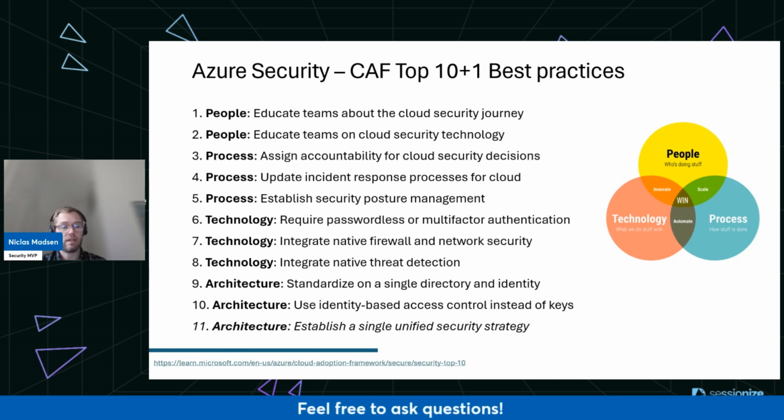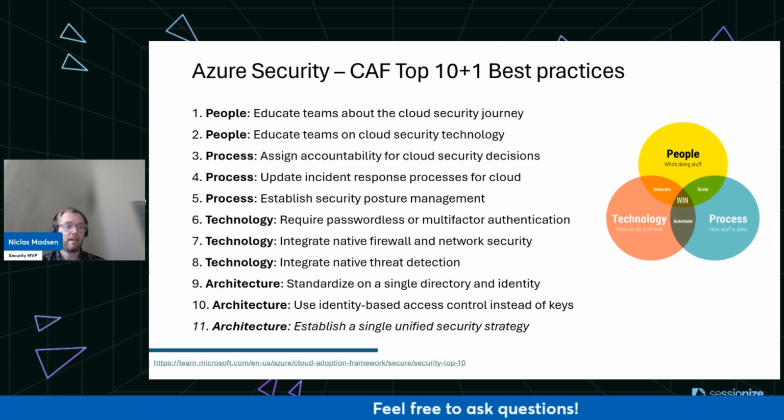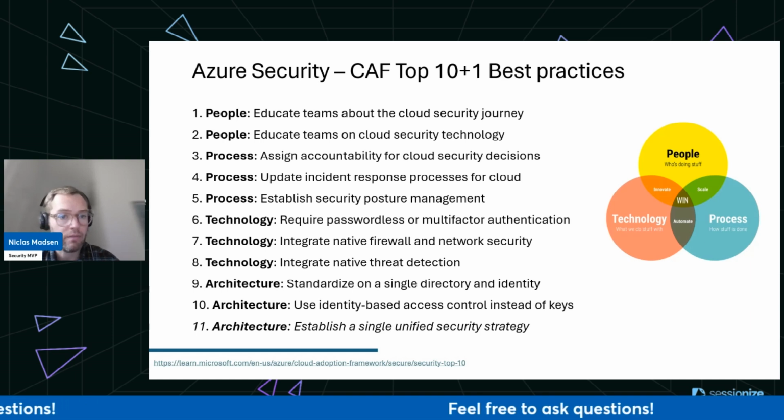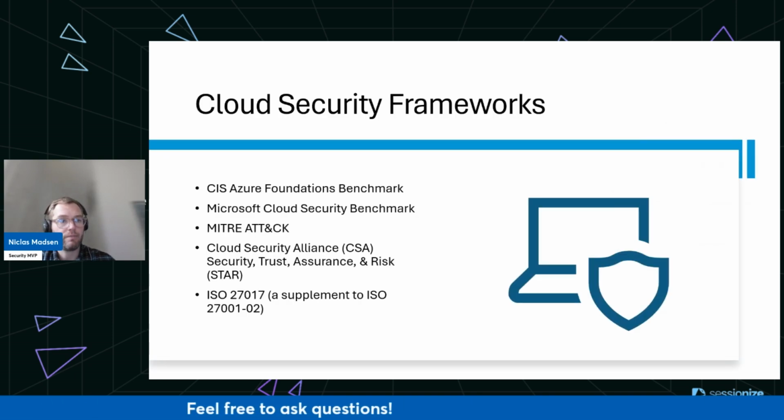So you should first focus on the people and processes, and then you should select your tool and technology afterwards. And then Microsoft and I have added the architecture here as well. So yeah, it's very important to focus on educating your people for sure.